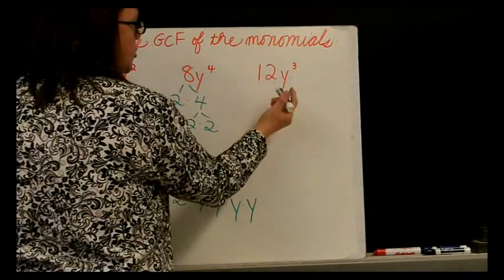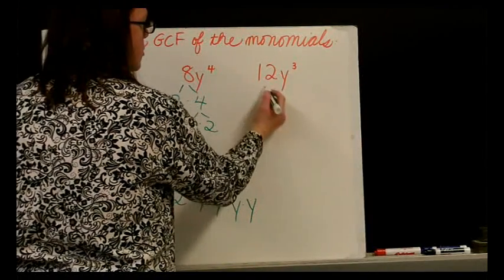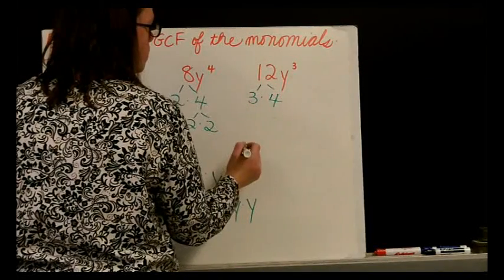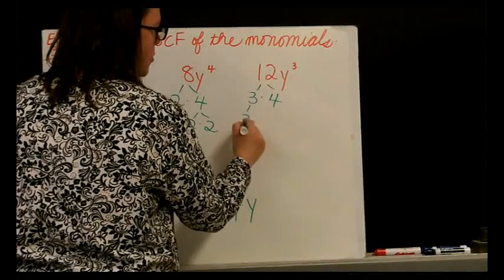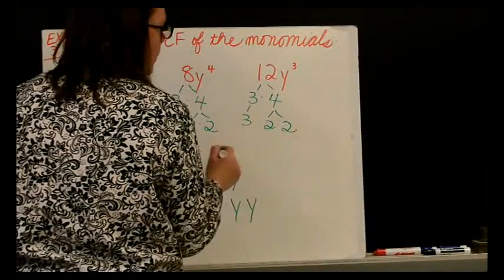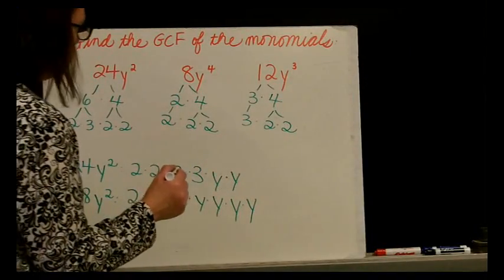And then our third term, 12y cubed, our 12 we'll call 3 times 4. We'll bring down the 3 because it's prime. The 4 gets broken down into 2 times 2.